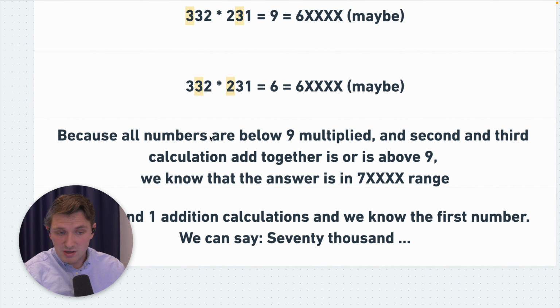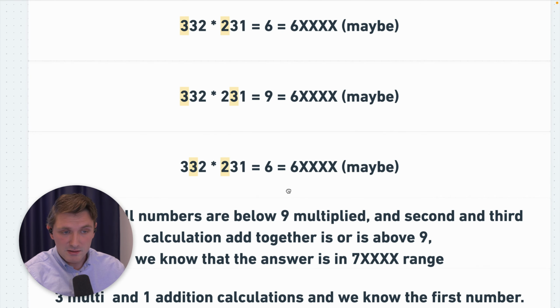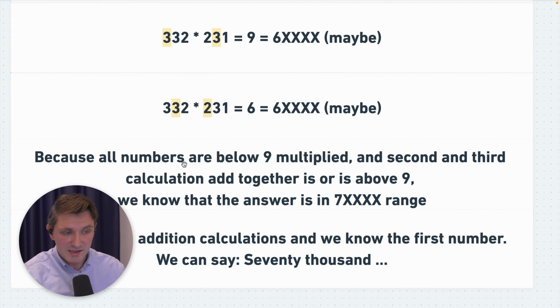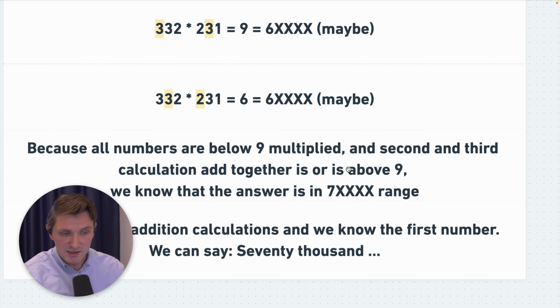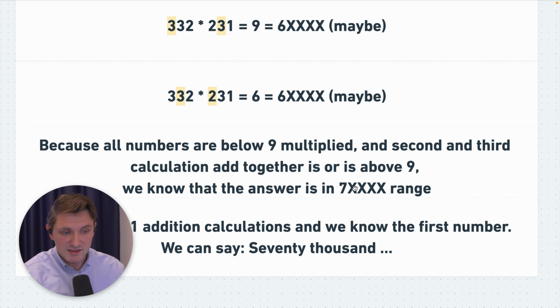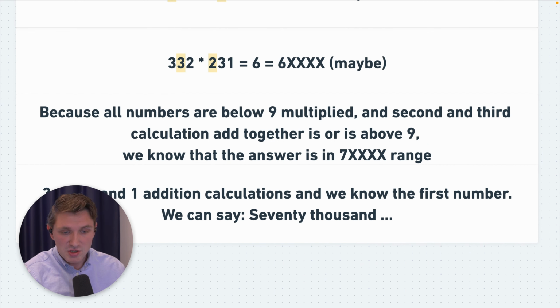Now, because the second and third calculations added together are above 9, we know that the answer is in the 70,000 range. So we have done three very simple multiplications and one addition, and we know the first number, right?